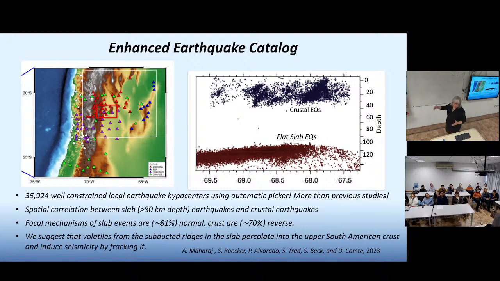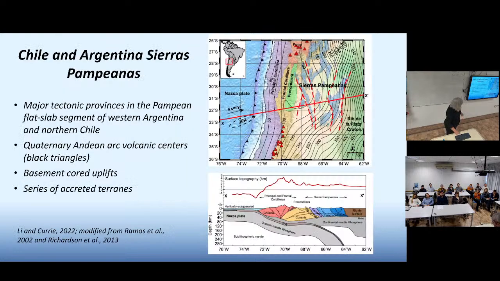Because when you go to the eastern part of the Sierras Pampeanas, there are not as many crustal earthquakes. So that's why I said when we had the little break that all these earthquakes in the slab may be causing earthquakes in the crust. And so we'll have to see. This paper just came out. We haven't heard too many people disagree, but you never know.